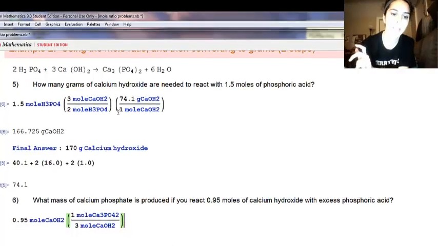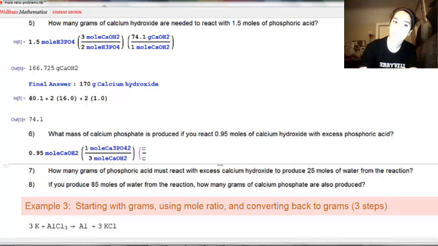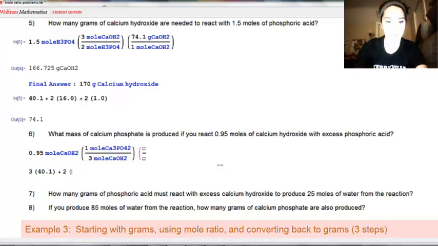Good. We got our mole ratio from these coefficients. Remember that. Next, we need to find out the grams of calcium phosphate. We know from our mole calculations that we need formula mass, so let's calculate that. We have 3 calciums, which are 40.1 grams, plus 2 phosphorus, which are 31.0 grams, plus 8 oxygens, which are 16.0 grams.